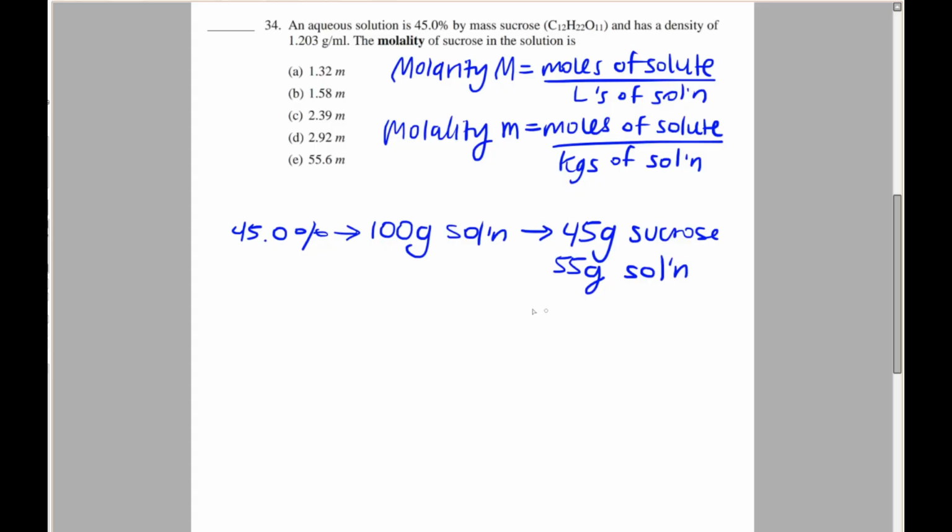And this means that 55 divided by 1,000 is going to give us our kilograms of solution, and that's going to be 0.0550 kilograms.